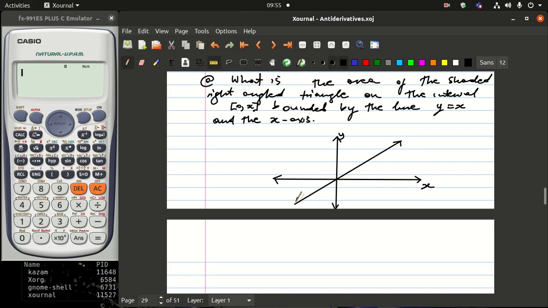This is going like that, this is going like that. And of course, this is the function y is equal to x, which is this one here. And then 0, we know that 0 is here. And then our x is somewhere there, so that at least we know that we are having our x there. Just for you to notice, this is a right-angled triangle if you look here.